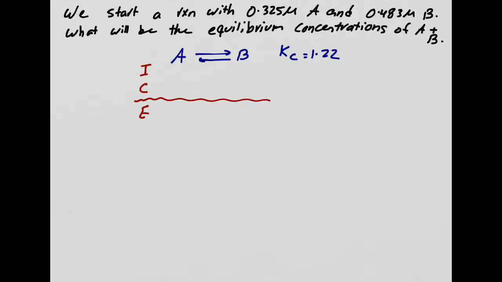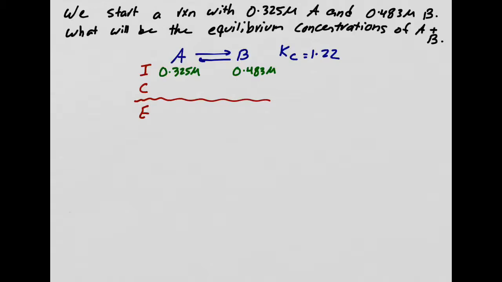Okay. At the beginning, how much A do I have? At the beginning, I have 0.325 molar A, but I also have some B at the beginning. Oh, interesting. We haven't had that before. Now we do. You following me? So at the beginning, I have this and I have that.